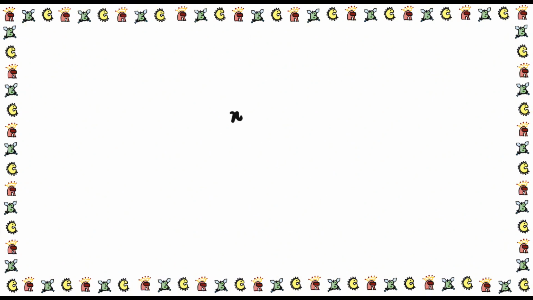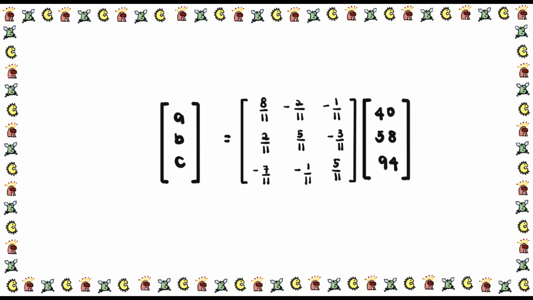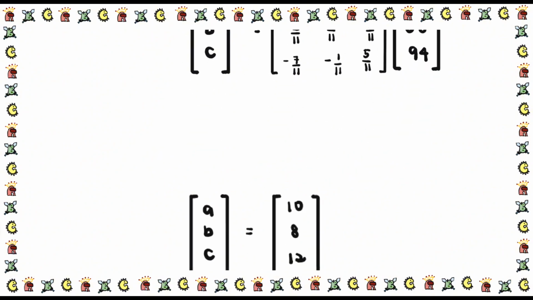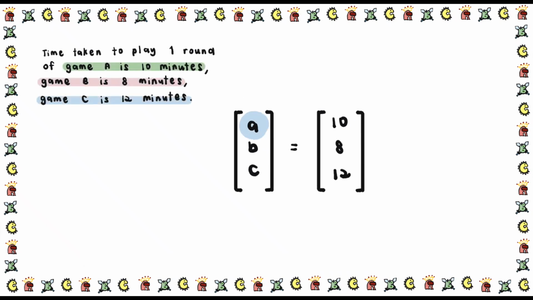So X is equal to A inverse times B. First, substitute the inverse of the matrix and matrix B. Then inverse of matrix A times matrix B. And we finally get the answer. One round of game A takes 10 minutes, game B 8 minutes, and game C 12 minutes. Finish! Don't you understand?